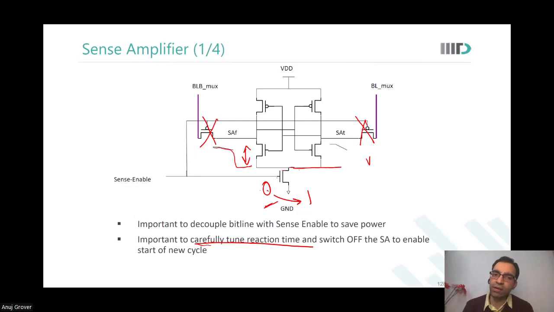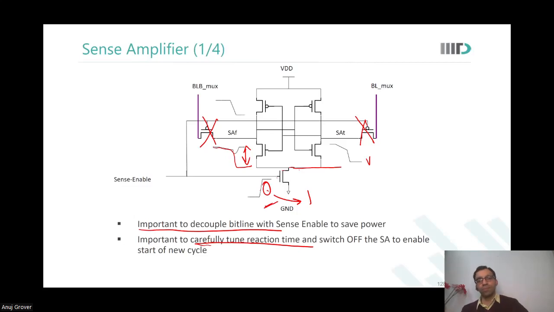Bit lines are no longer connected to the sense amplifier now. Okay. That is where it is written, important to decouple bit lines from the sense amplifier. Yes, sir. Got it. You're able to see the functionality of the sense amplifier here?